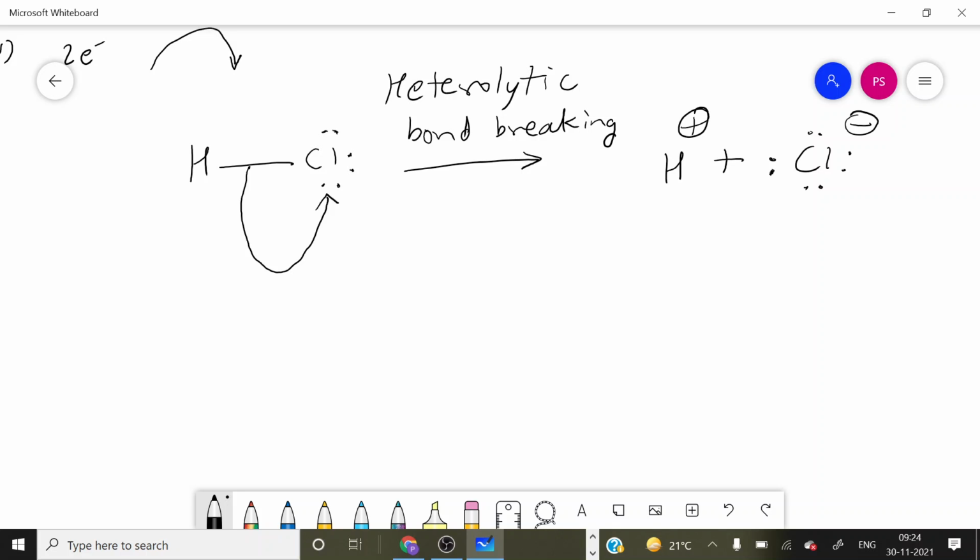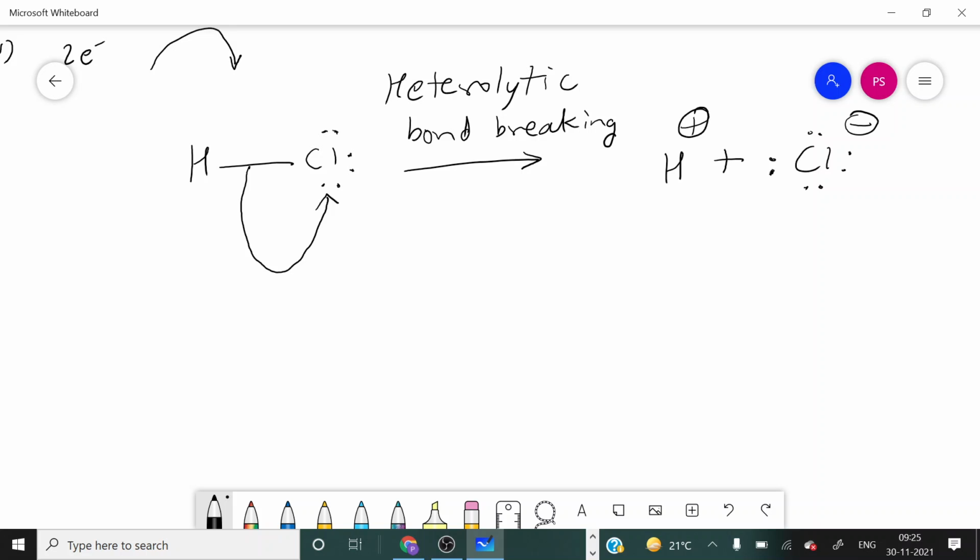Now let's check another example. This is heterolytic bond breaking. In heterolytic bond breaking, there is unequal movement of electrons. You can see here the two electrons are shifting toward the chlorine. So bonded electrons moved away from the hydrogen and towards the chlorine. That's why chlorine will acquire a formal negative charge and hydrogen will acquire a formal positive charge.